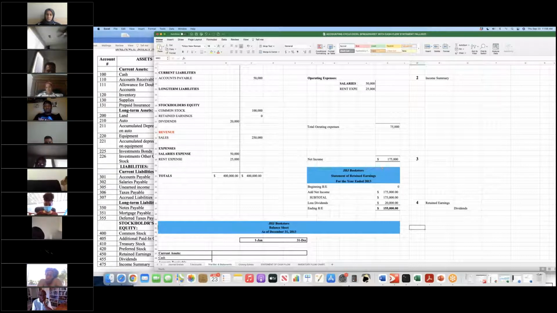We bring that net income down, subtotal, we subtract out the dividends, whatever the dividends are. That gives us the earnings retained in the business. Very simple and easy statement to do.